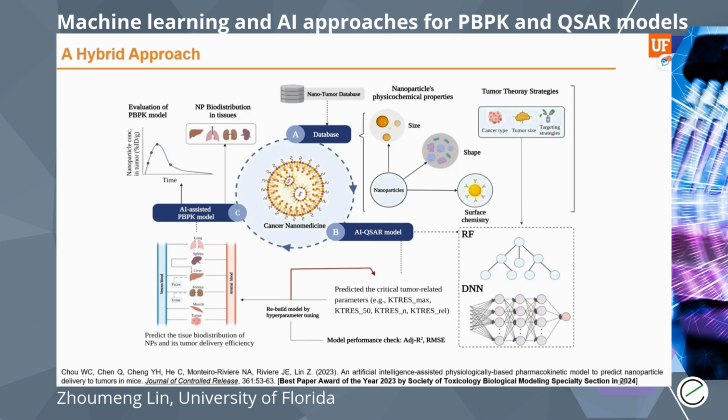These parameters include the maximum uptake rate, release rate, and the Hill coefficient. And then we incorporate these parameters into a PBPK model framework, which we call an AI-assisted PBPK model, to predict the time course profile of nanoparticles in a tumor site.